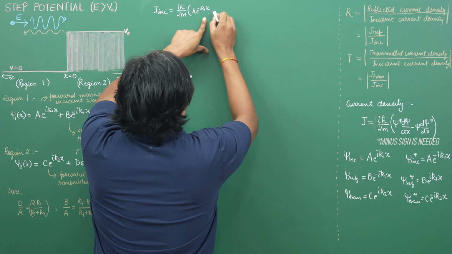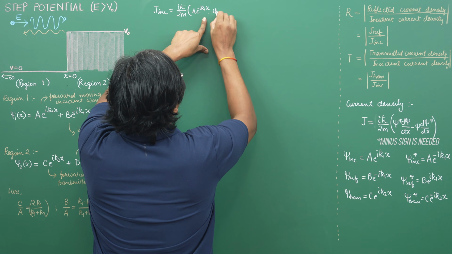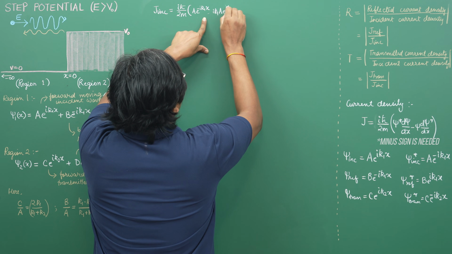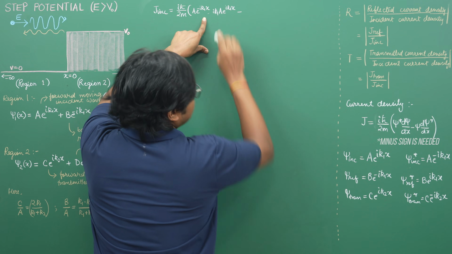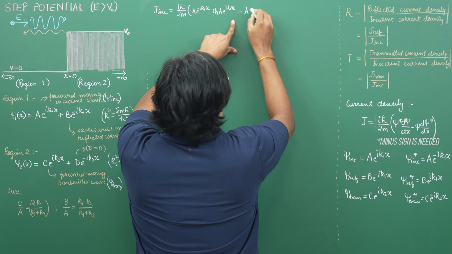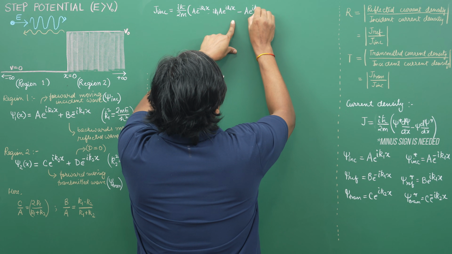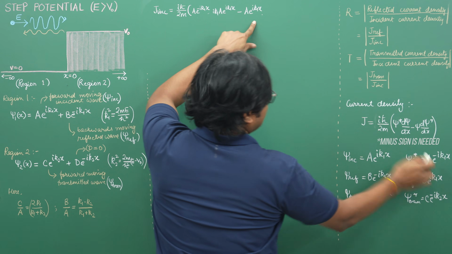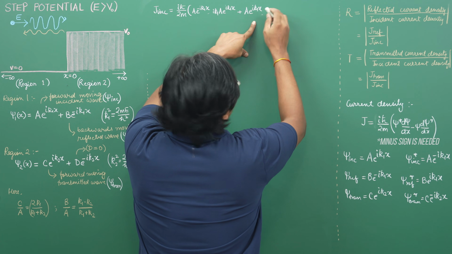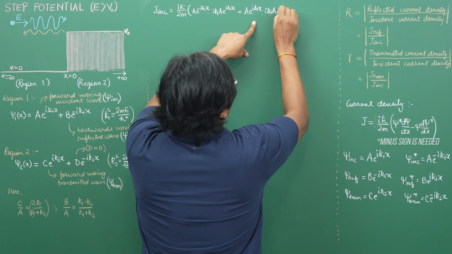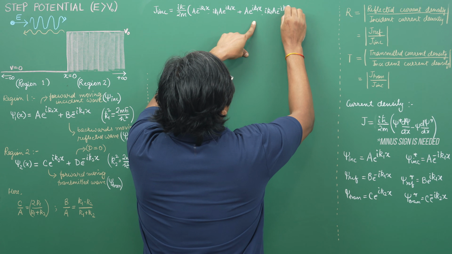So this is iota k1a e to the power iota k1x, and then minus you have psi, which is A e to the power iota k1x, and then d upon dx of this, so it becomes minus minus plus iota k1a e to the power minus iota k1x.